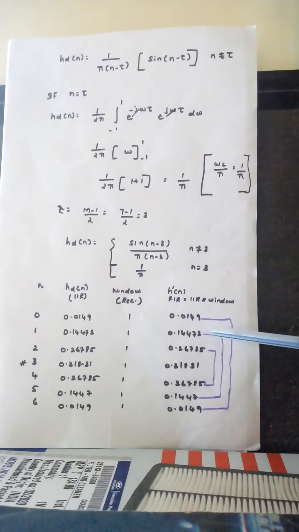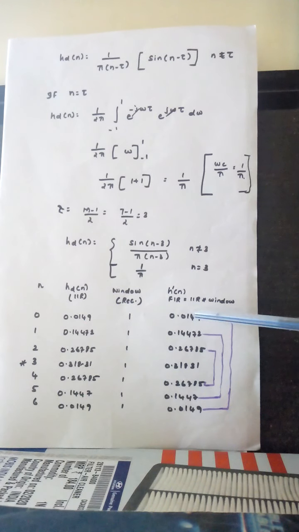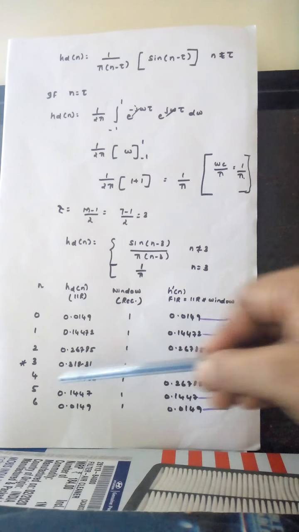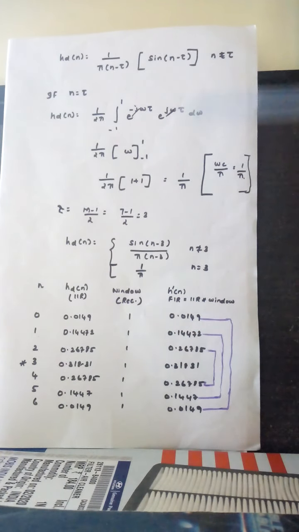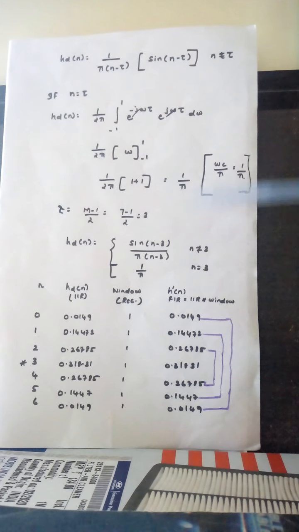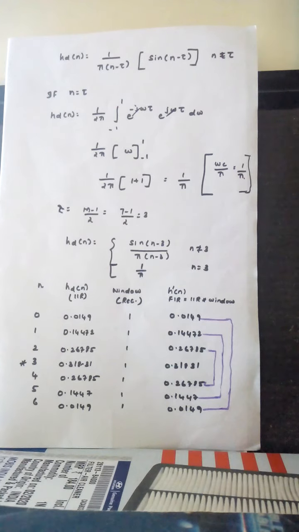Again, 1 is equivalent to 5, and 0 is equivalent to 6. So finding the 3 value is enough. This value is equivalent to this one, and so on. Instead of infinity, we substitute and find the value, which is 1 by pi.